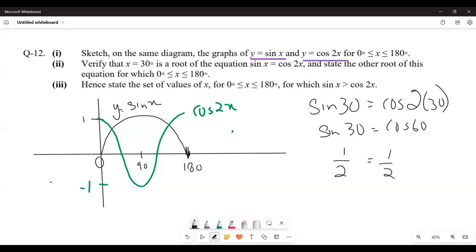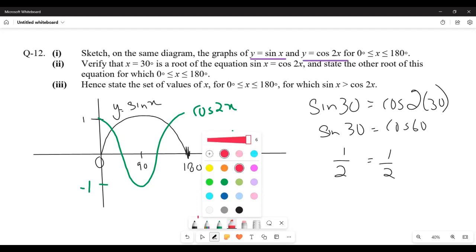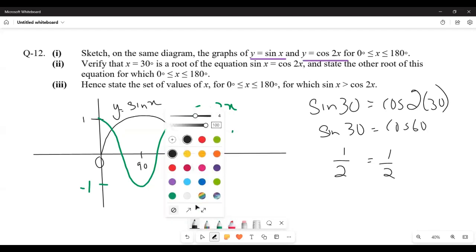And state the other root of this equation. Where is half on the graph? Let me draw half here. Half would be here.